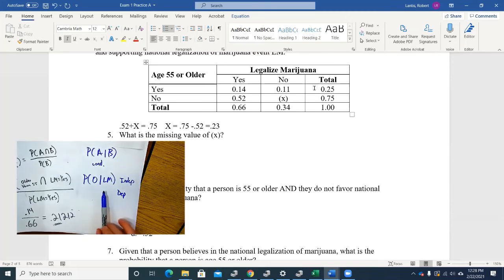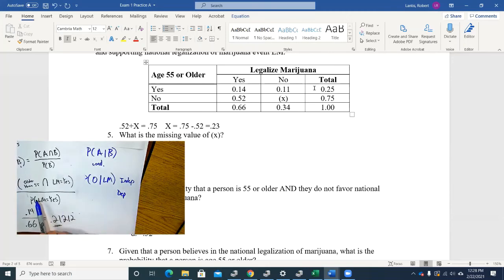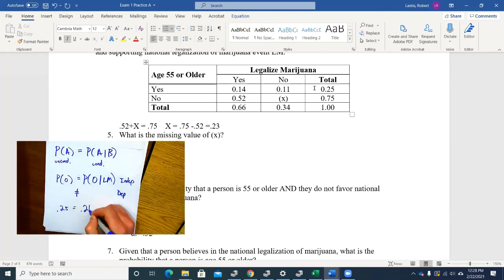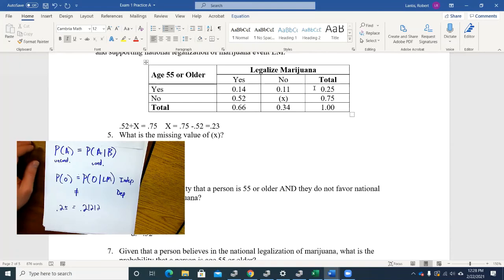In fact, just to save us some work, I already solved for this conditional probability: the probability someone's older than 55 and wants marijuana legalized. So I know this equation would give that to me. I could go to the table and look up these values. I end up finding that probability is 0.212, which we rounded to 0.21.